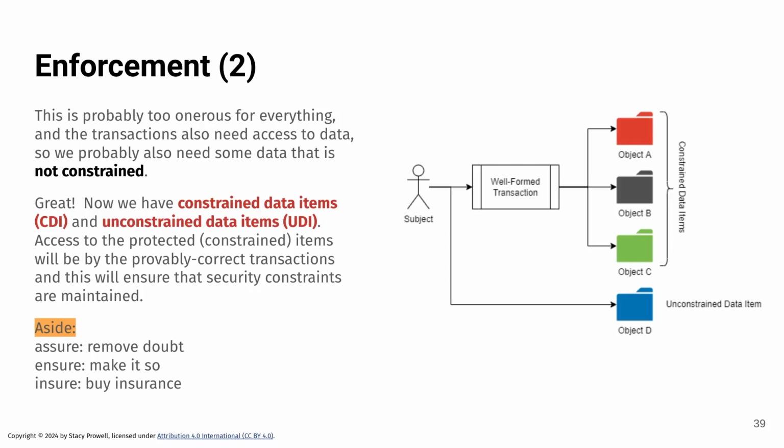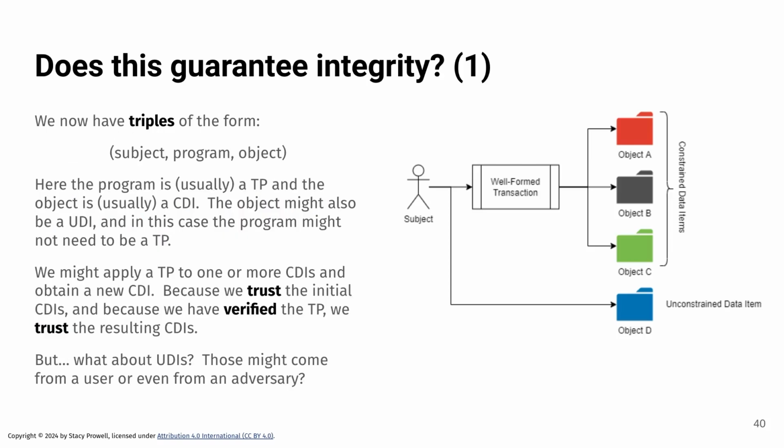What about unconstrained? Well, maybe you can just sort of arbitrarily access those and mess with them, and so on. At some point, though, we might have to do something with them, and in that case, we'll have to revisit that. But for right now, let's just think about what we do with these data items.